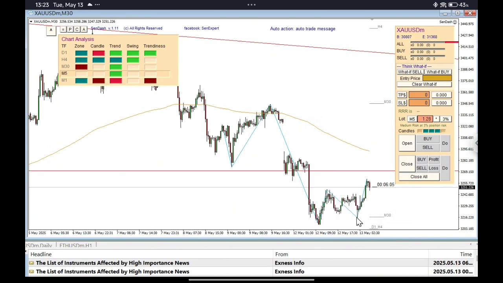The latest low is higher low, and it breaks previous high. So this is a shape of higher high, higher low. That's why the color of the trend for 30 minutes time frame is light green. This is higher high, higher low.